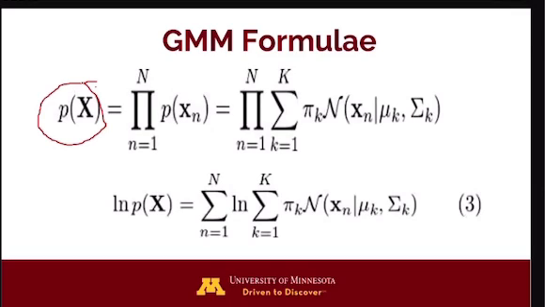When you talk about x, I told you the other time, we are not going to have just a single x, because x1, x2 up to xn are going to be independent. When x1, x2 up to xn are independent, what do we do? We do the product, right? That is what this is trying to say. When x1, x2 up to xn are independent, then I'm just going to do the product of the marginals.